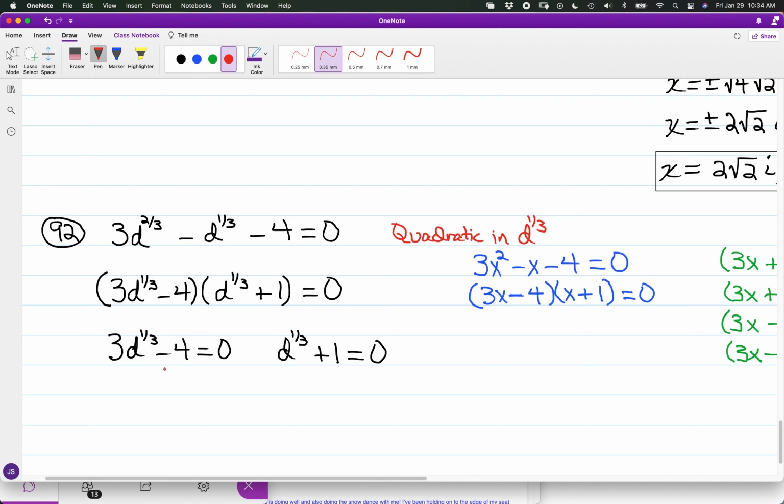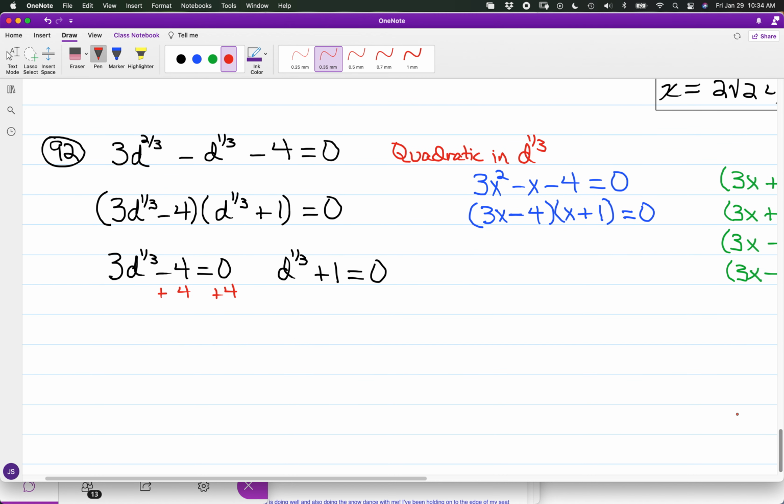And if I isolate the variable terms, for the first factor I'm adding 4 to both sides, and if I look at solving for d, we had that 3 d to the 1/3 is equal to 4, and then isolating d to the 1/3.